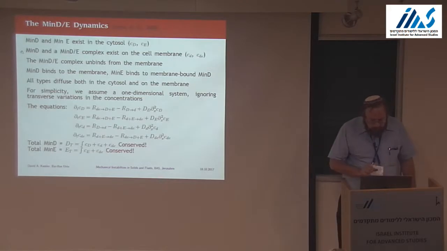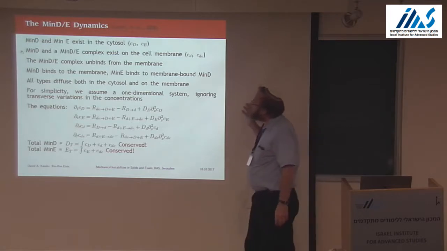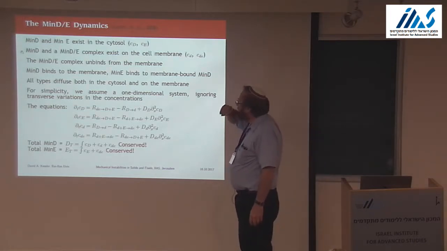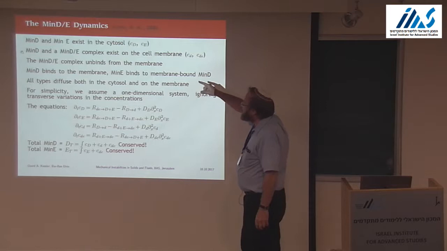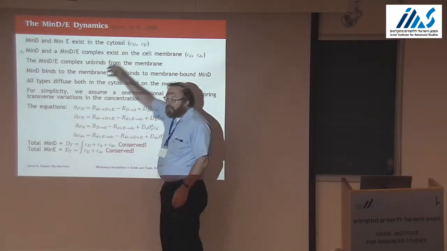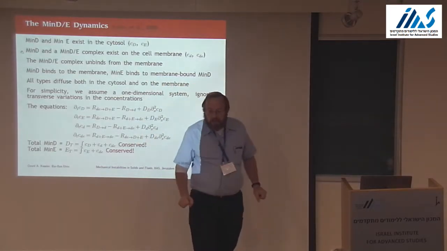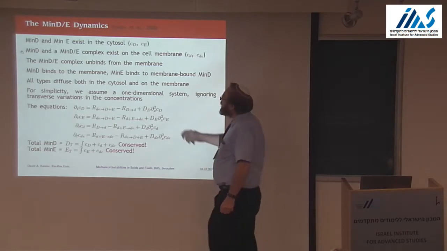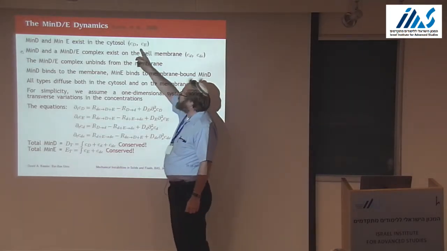So this MinDE dynamics has been studied, and it turns out that MinD and E exist in the cytosol, in the interior of the cell. We're going to call the concentrations of MinD and MinE in the cytosol with capital letters.